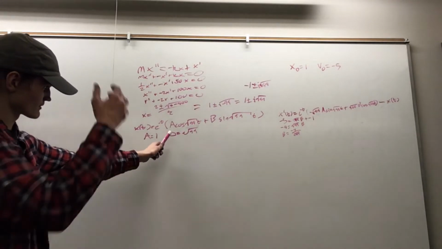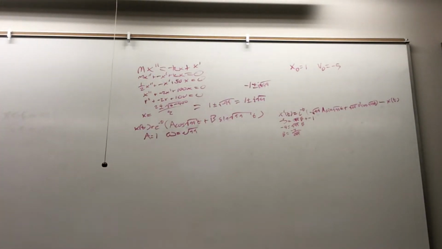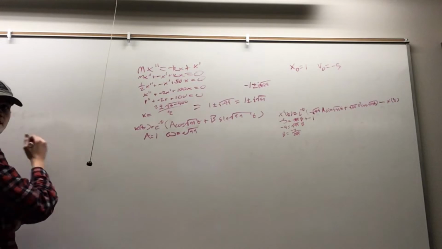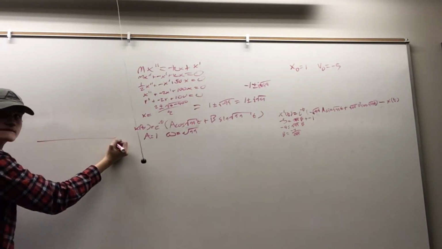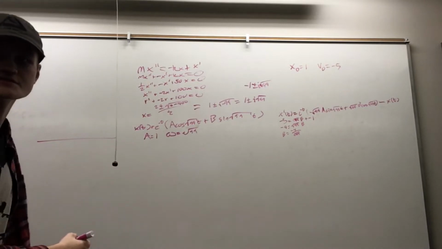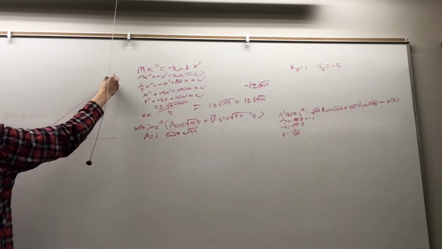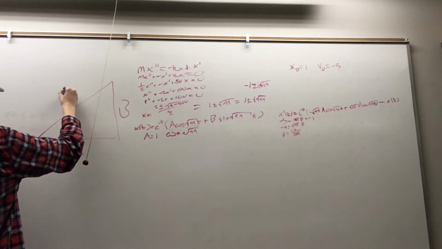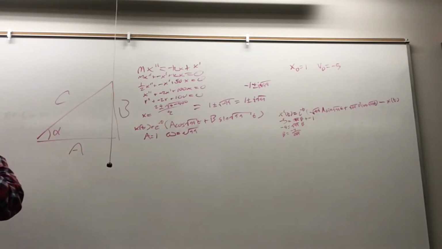We remember that the amplitude is C, so if A and B are on a triangle. Can you see this over here? Okay. We have A, B, and C, and we have alpha.